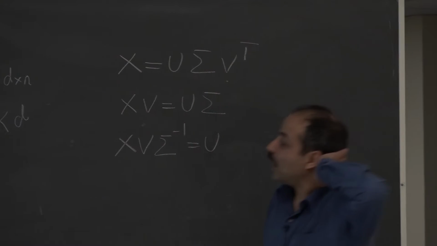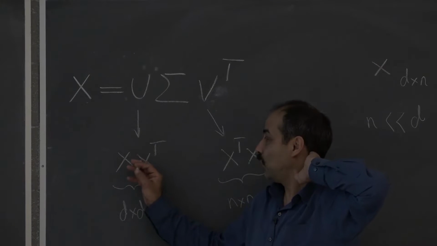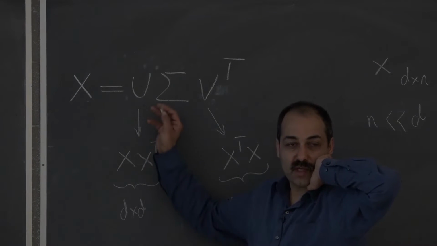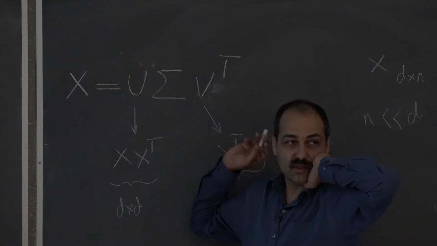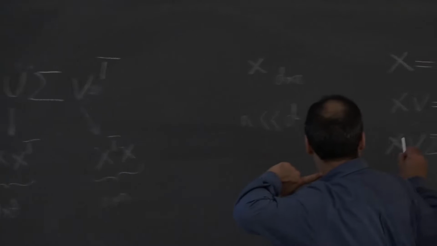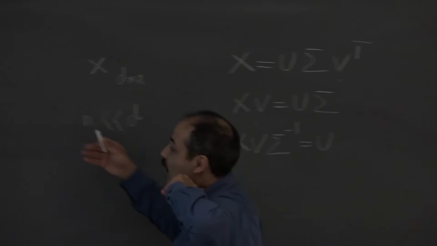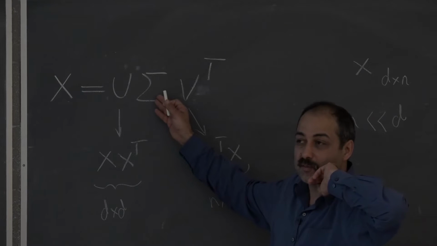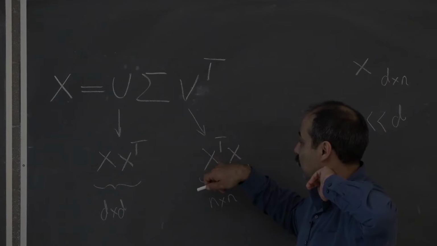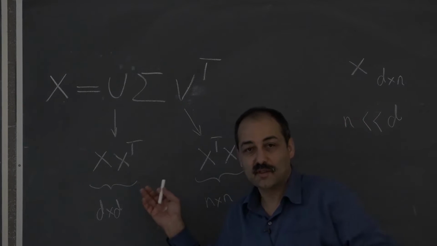So even if I don't have U, even if I haven't decomposed X transpose and I don't have access to its eigenvectors, knowing the eigenvectors of X transpose X, which is V, and the singular values, which, this sigma can be computed based on eigenvectors of X transpose X or X transpose, makes no difference, right?